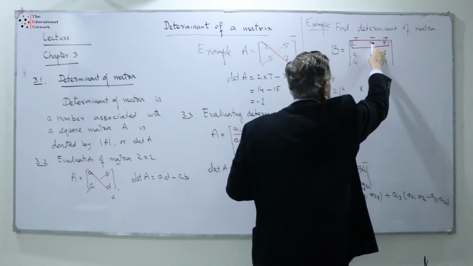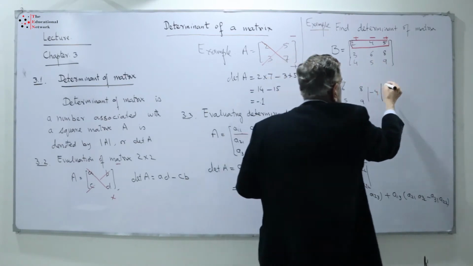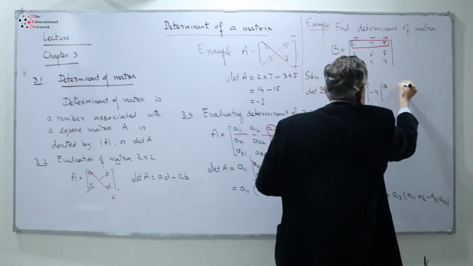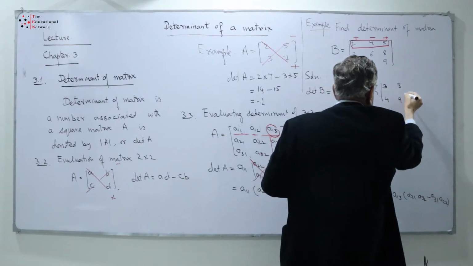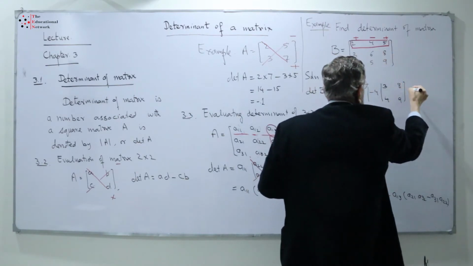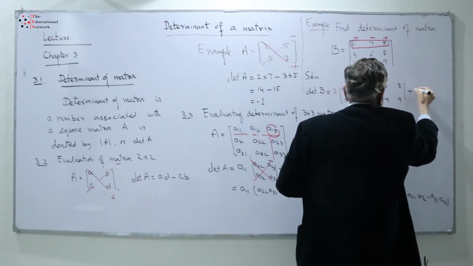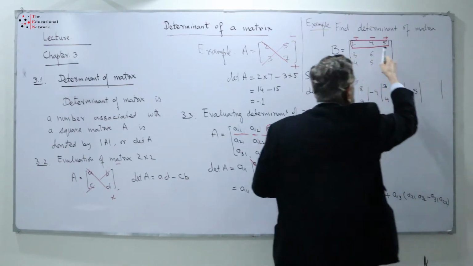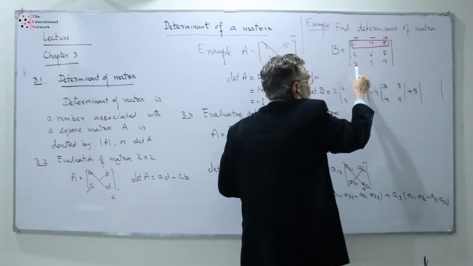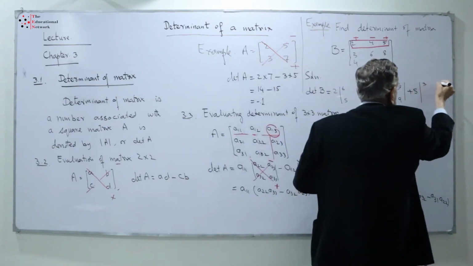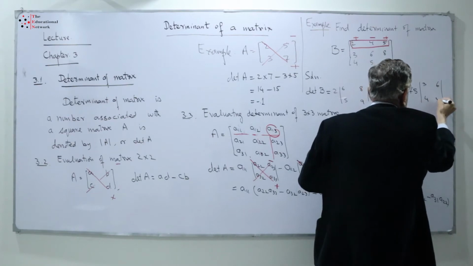Then we block the second column. We get 3, 8, 4, 9. Then we block the third column. We have 5. Multiply by, I block this column, with 3, 6, 4, 5.